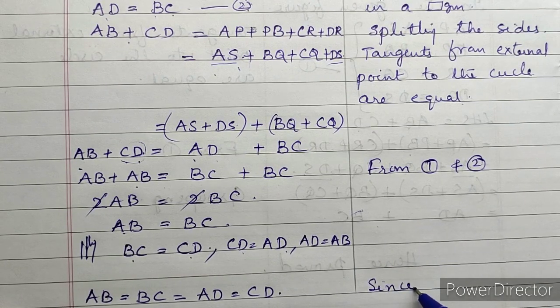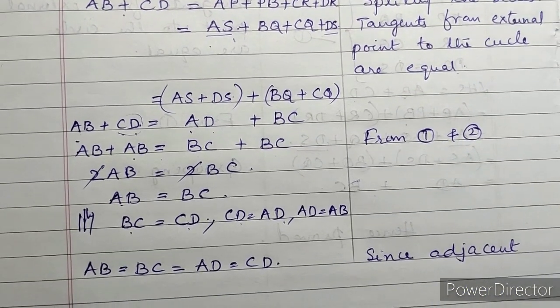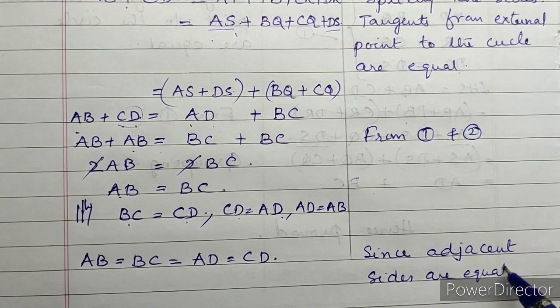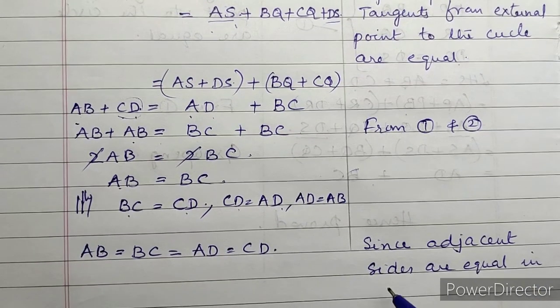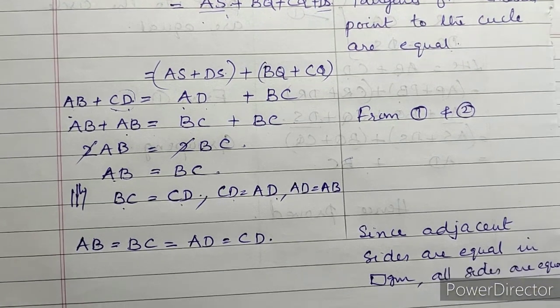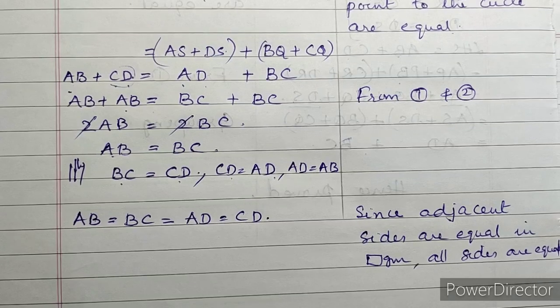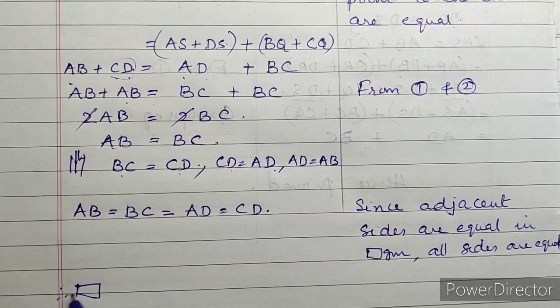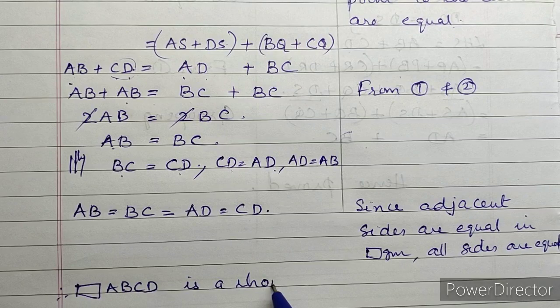Reason, you can write adjacent sides are equal, in a parallelogram all sides are equal. So if all sides are equal, that parallelogram is a rhombus. So conclusion, therefore parallelogram ABCD is a rhombus since all sides are equal.